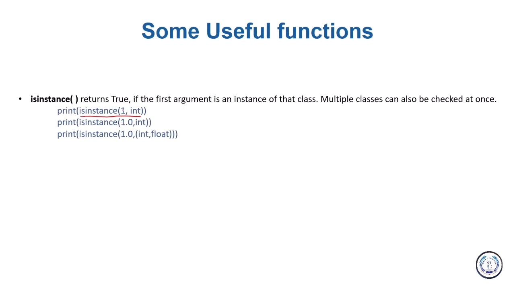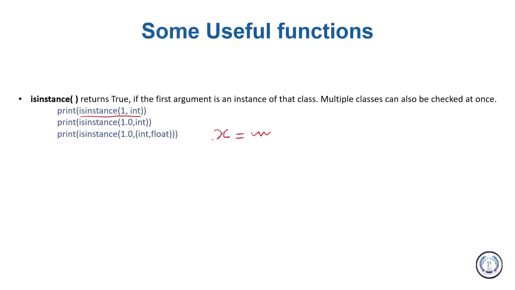By the way, you know that 1 is of type integer, so you may think why on earth one should be interested in checking the type of 1 if somebody knows it is an integer. Sometimes we have certain variables with certain data stored in them, and we want to check which type the data belongs to. In several cases, the value of this variable is not assigned by us.